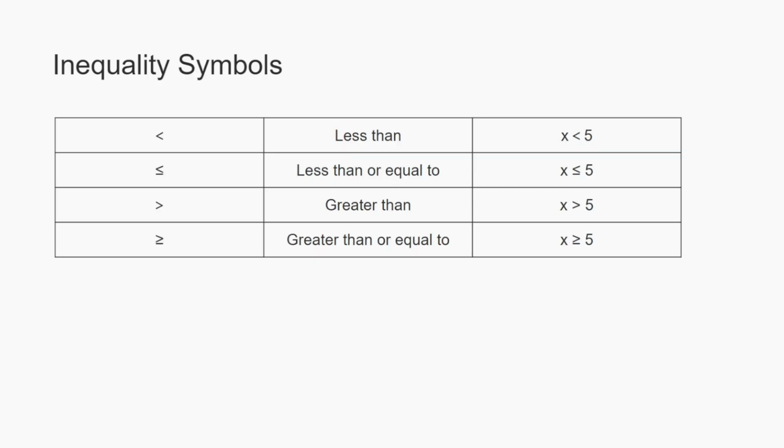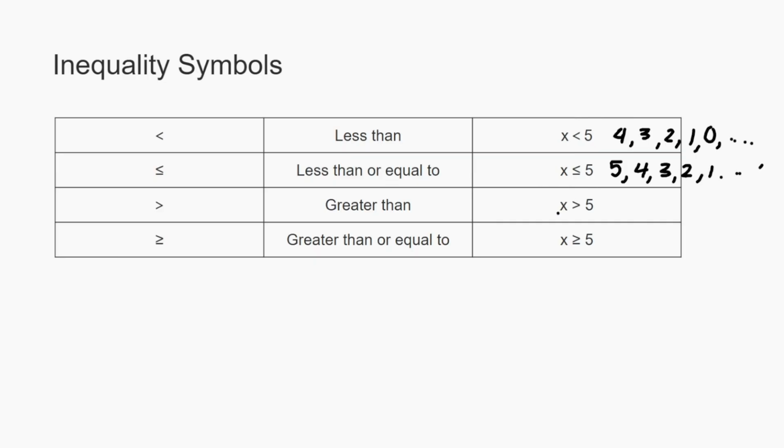So for an example, x is less than 5 has solutions of like 4, 3, 2, 1, 0, and so on, while this one has all the answers to this above, but also 5. So 5, 4, 3, 2, 1, and so on.